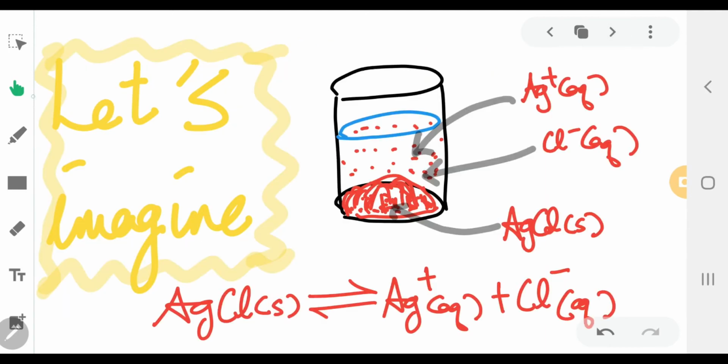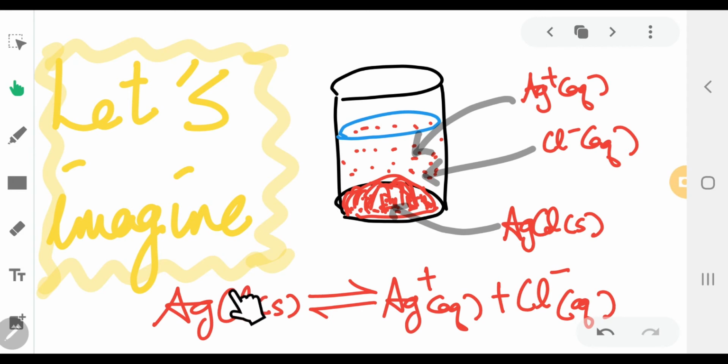Let's imagine the saturated solution can be drawn like this. If you have a salt, let's say AgCl solid, in the form of solids in the beginning, and then you try to dissolve that in water.